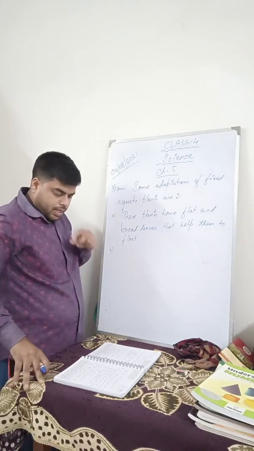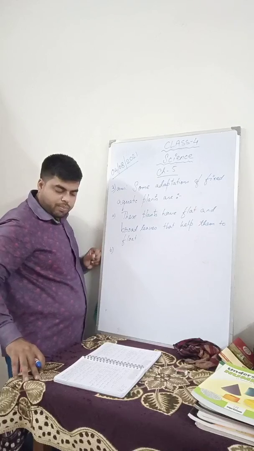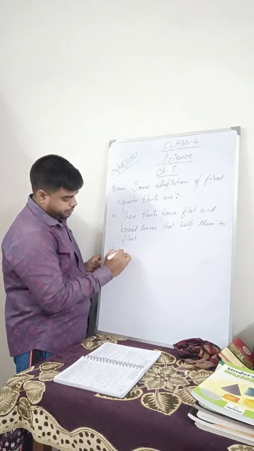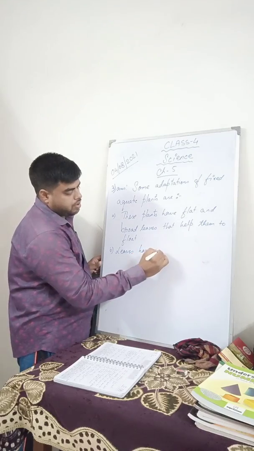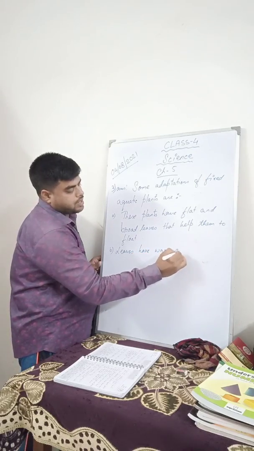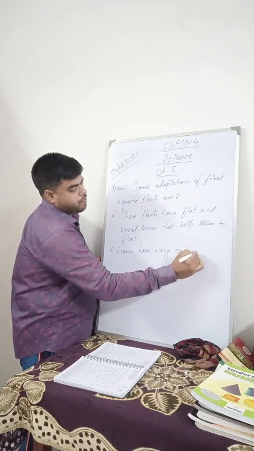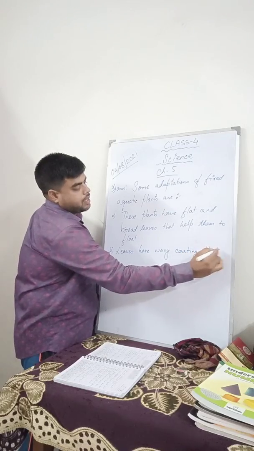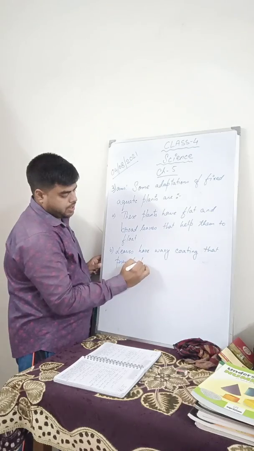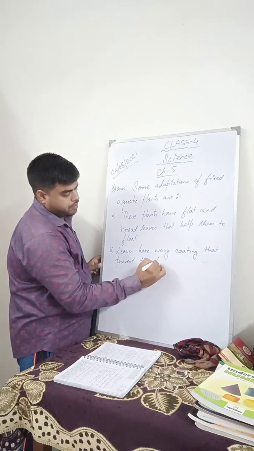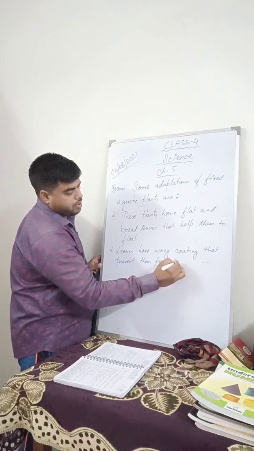Number B, leaves have waxy coating that prevents them from rotting.